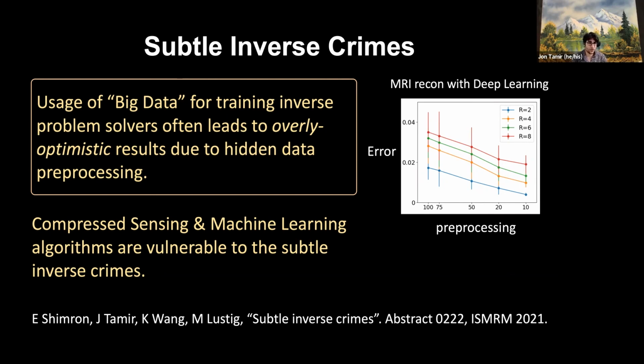So when we download our data sets from the cloud and we don't know how that data was pre-processed, and then we just use it as a black box for our reconstruction, then the results we get might not translate to the clinic. And so this is really great work by my colleague Efrat Shimron that I recommend checking out at ISMRM coming up later this month.